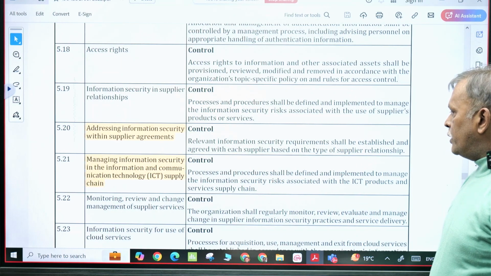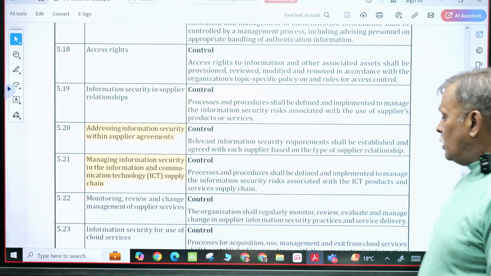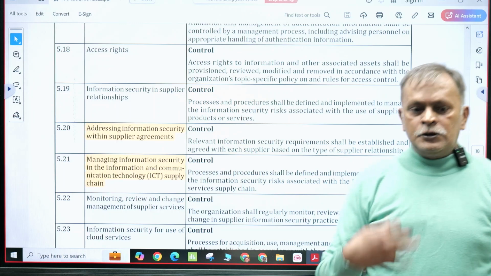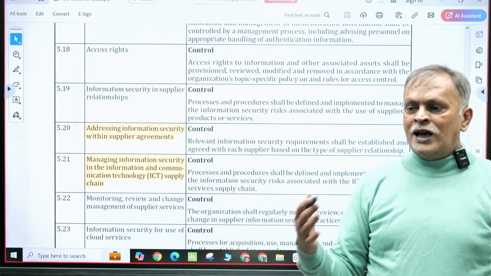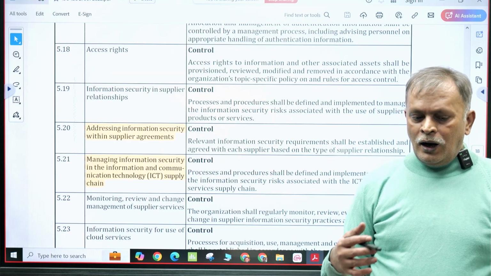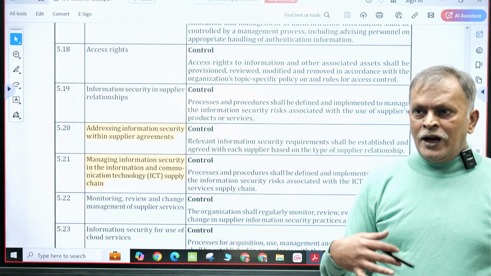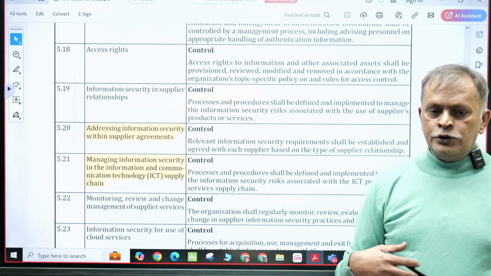5.20 Addressing information security within supplier agreements. Relevant information security requirements shall be established and agreed with each supplier based on the type of supplier relationships. So based on what is my exposure. If I am looking at using a SaaS product from a vendor, I realize that should that software have some vulnerabilities, I will get into trouble.